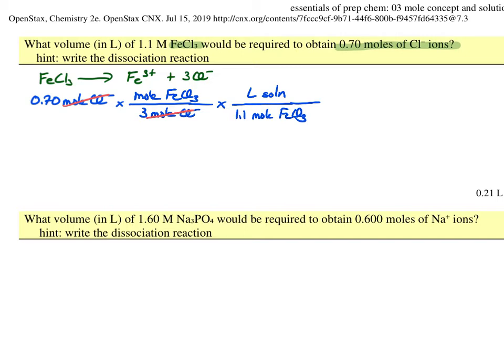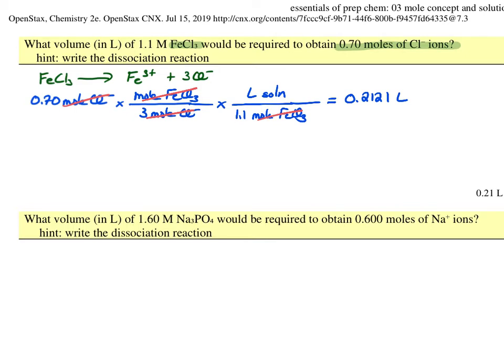So if we check our units here, moles of iron 3 chloride cancel out with moles of iron 3 chloride, and we end up with liters of solution. So the math that we set up comes out to 0.2121 liters as our calculator answer.